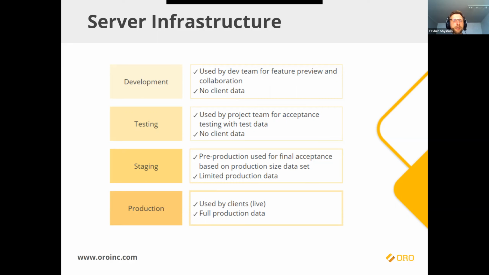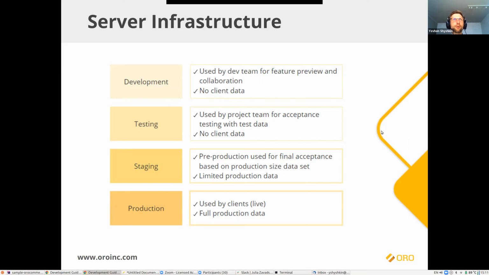The next server type is testing. This one is usually used by the quality team, quality assurance engineers, QA leads, and other people who are responsible for the quality and testing of the application. And this one is the next step in this chain.